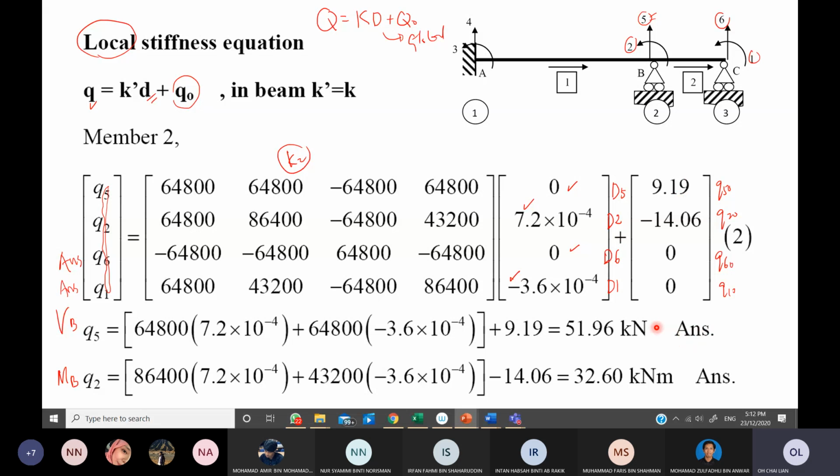So now you will get your VB, the shear force, directly from the stiffness method. So no need to find the bending equation or solve by cutting a section for axial or shear forces. You can directly obtain this information.